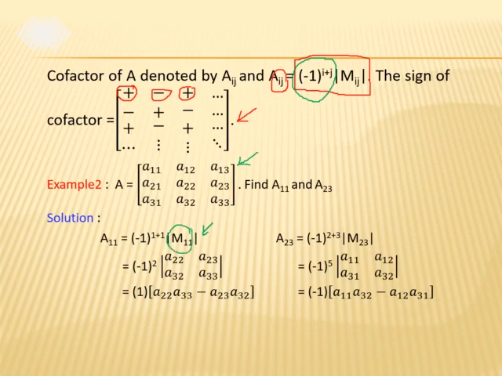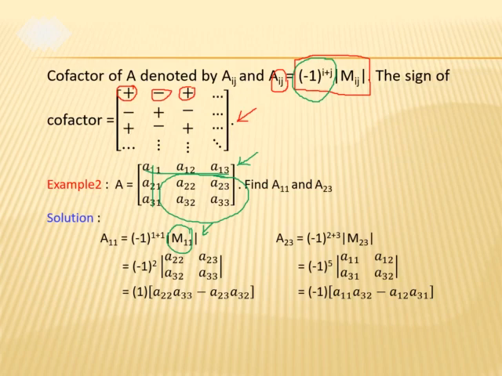So negative 1 power 2. So we cover A M11. So we remove here and remove here. So the left is this one. A22, A23, 32 and 33.